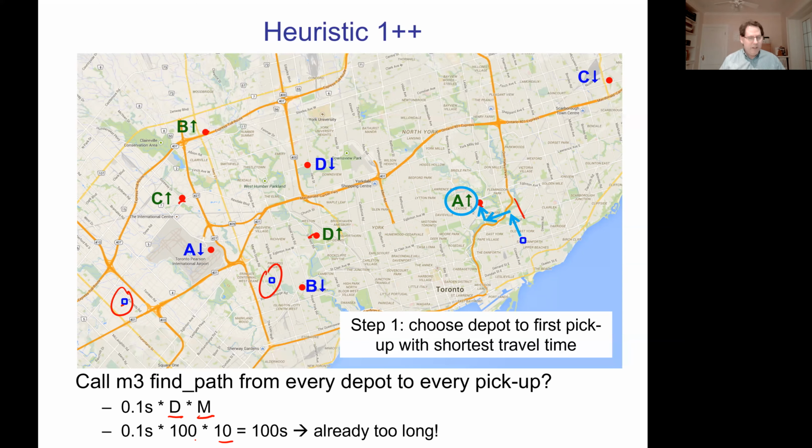If I multiply out, just for this first choice my algorithm makes, I could call find path 1,000 times, and if find path takes about 0.1 seconds per call, that's 100 seconds. We're only going to give you 50 seconds. You have a 50-second budget to give us a solution. So this is already too long, and you've only tried to work out the very first decision. So too slow.